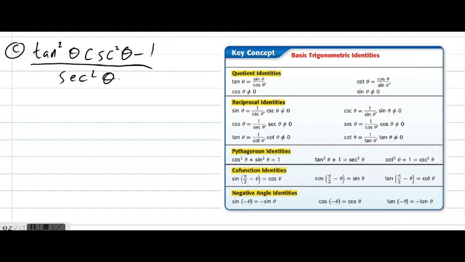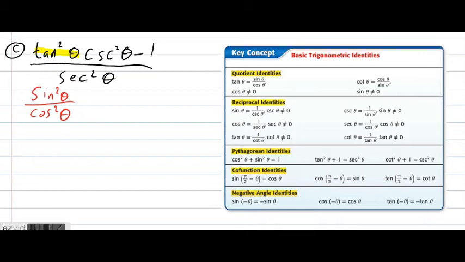Again, I had really no idea where to start with this problem, and I just said, let me start somewhere. So I decided to start with tangent. Tangent squared is sine squared of theta over cosine squared of theta.